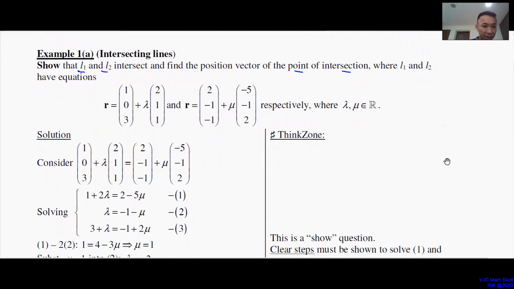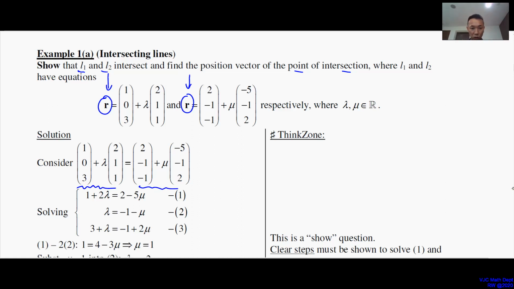If they intersect at a point P, the position vector must satisfy both equations. Agree? So what we do is we equate: this is the position vector of any point on L1, this is the position vector of any point on L2.